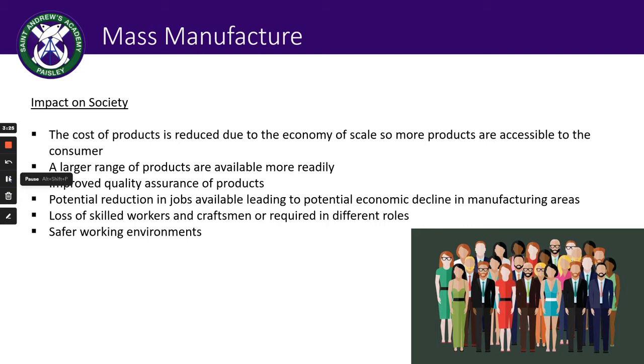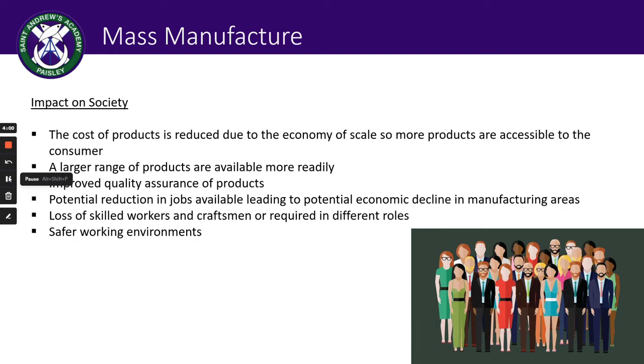There is potential for loss of manufacturing jobs associated with it, and this can hit areas particularly badly where they do rely on manufacturing as one of their main job sources. It can relate to things like economic decline in these areas. There's also potential to lose people with real skills, so skill sets in craft and manufacturing. But these people also have the potential to adapt and then move into different high-level roles within the manufacturing process.